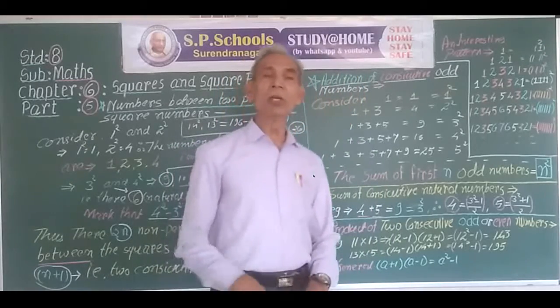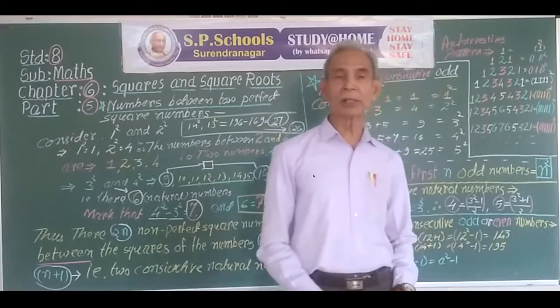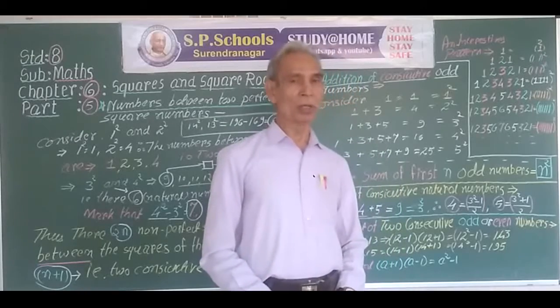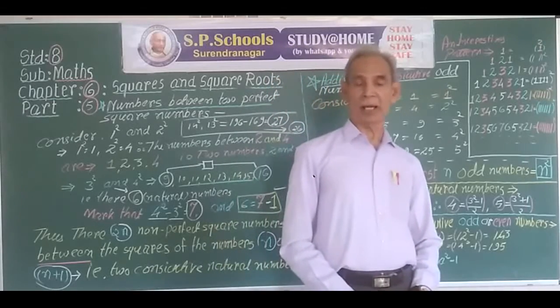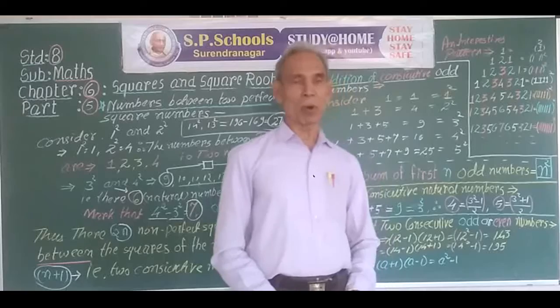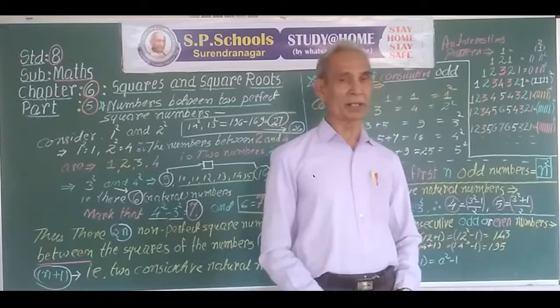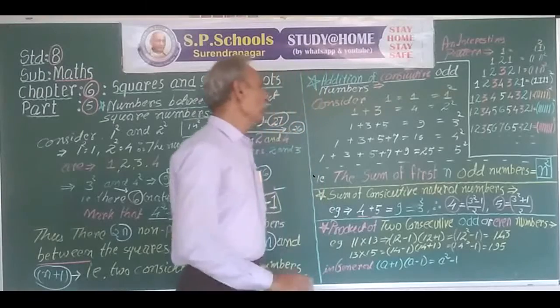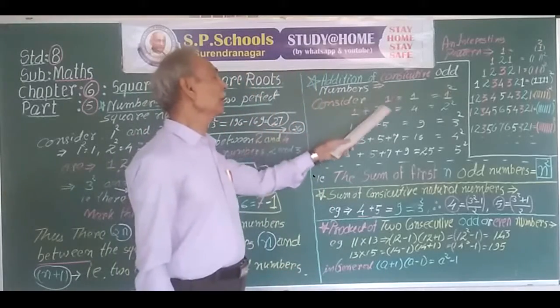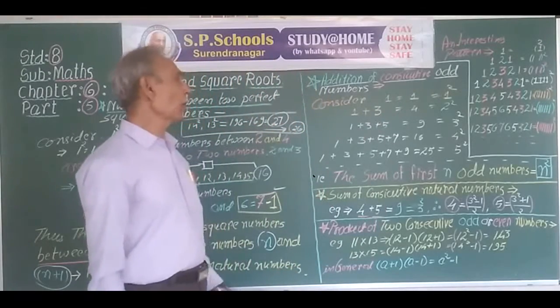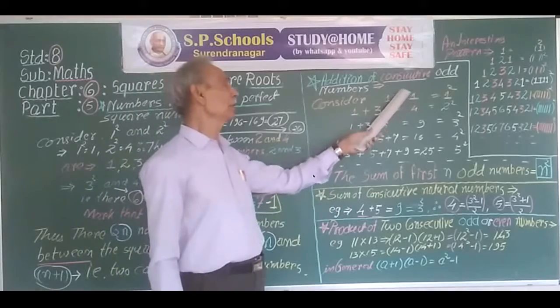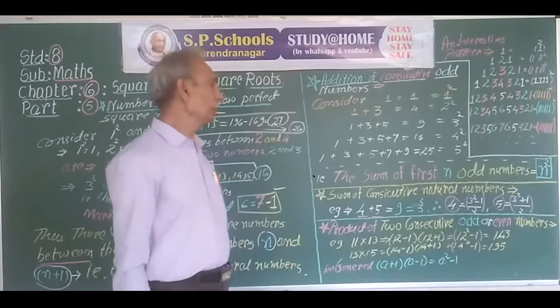Similarly, we have consecutive even numbers 2, 4, 6, 8, 10, 12, 14, 16, 18, 20, like that. So the smallest odd number is 1, and the smallest even number is 2.